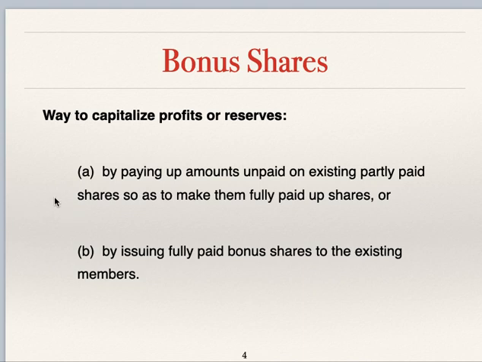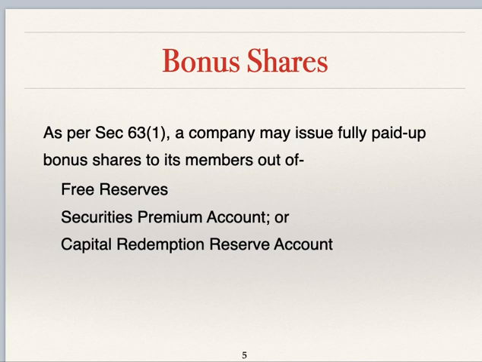So either the company will show some part of partly paid shares as if they have paid it, or the company will issue fully paid bonus shares to existing members, that is existing shareholders.